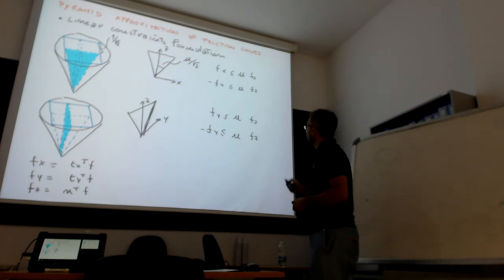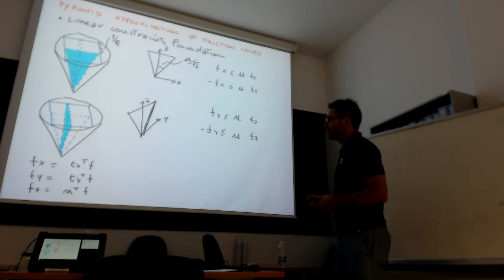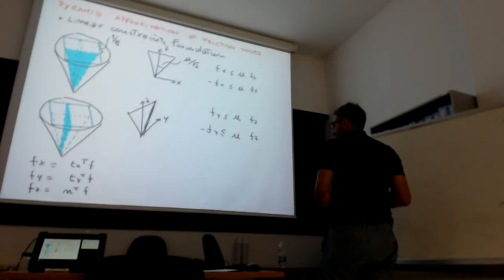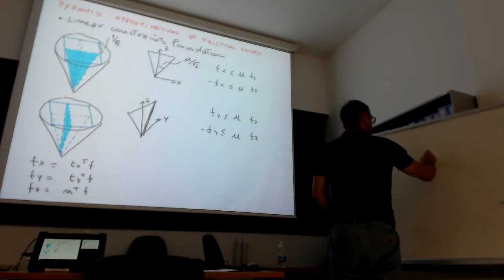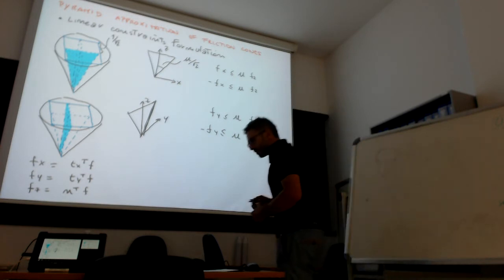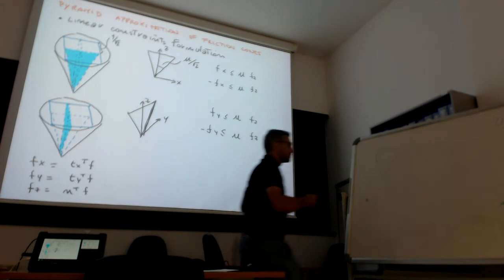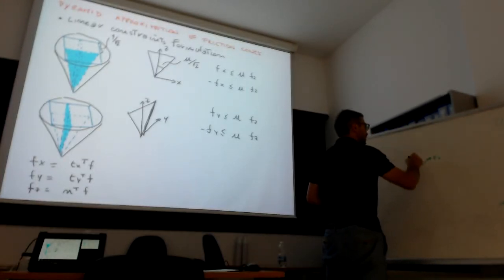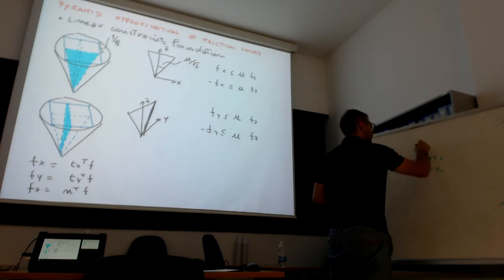To write this in matrix form, we need to use, as usual, the versor, the unit vector that represents the contact frame. So let's say you have tx, ty, and n.